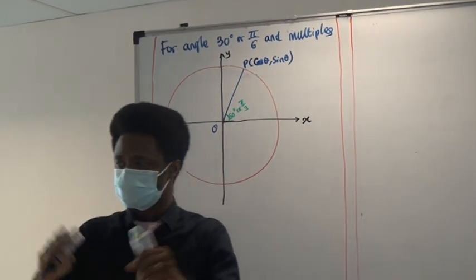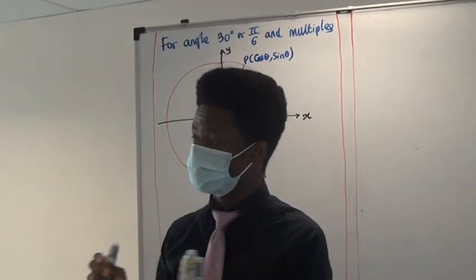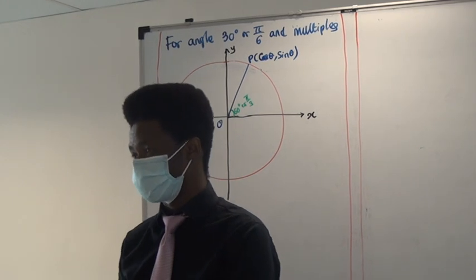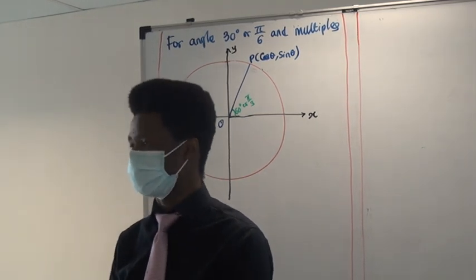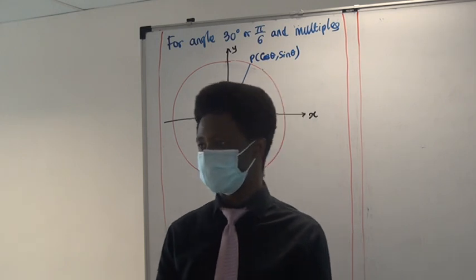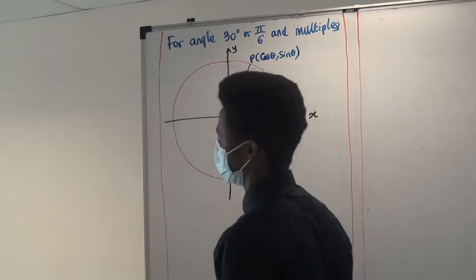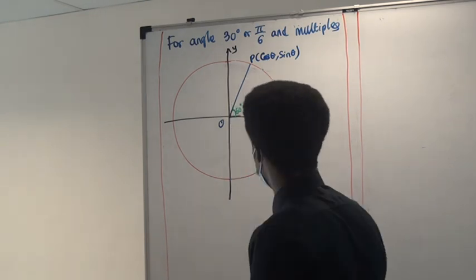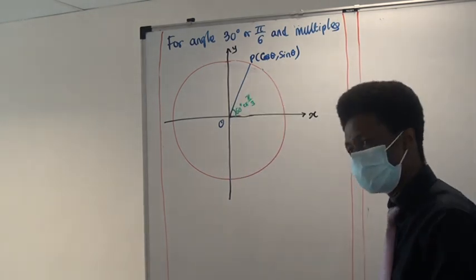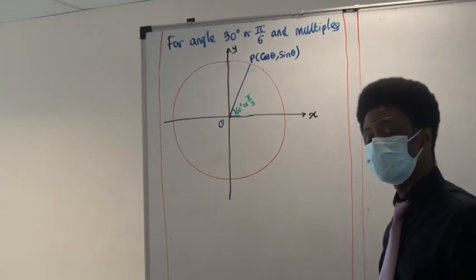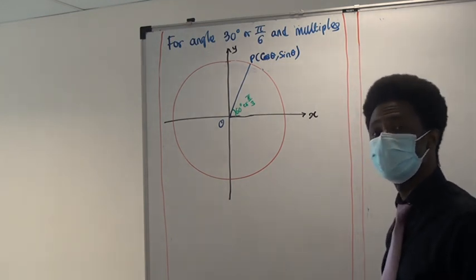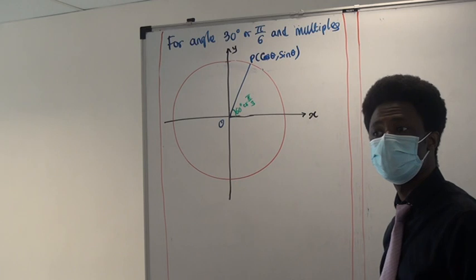So, we're just going to quickly do something similar for multiples of 30. 60 is part of these multiples of 30. So when we say multiples of 30, automatically we are talking about multiples of 60 as well. In IGCSE days, I told you to consider, does anybody remember how to do 60 degrees? What triangle is best to consider? Equilateral.